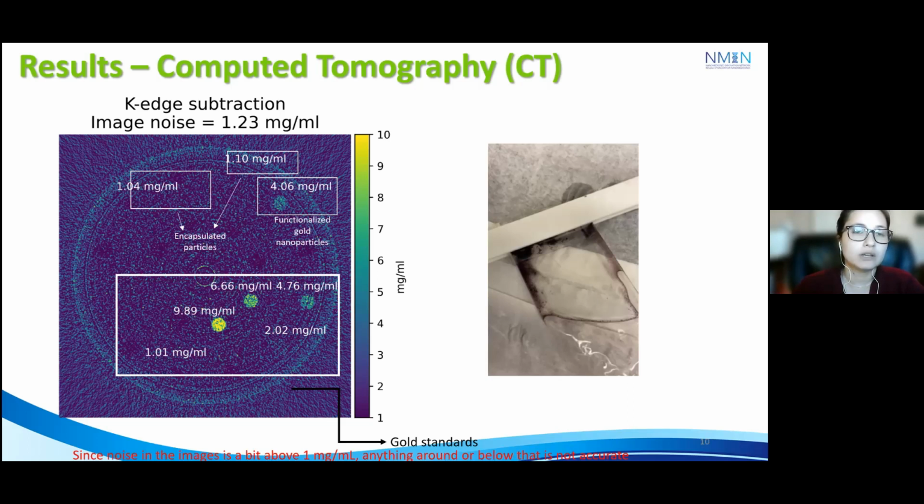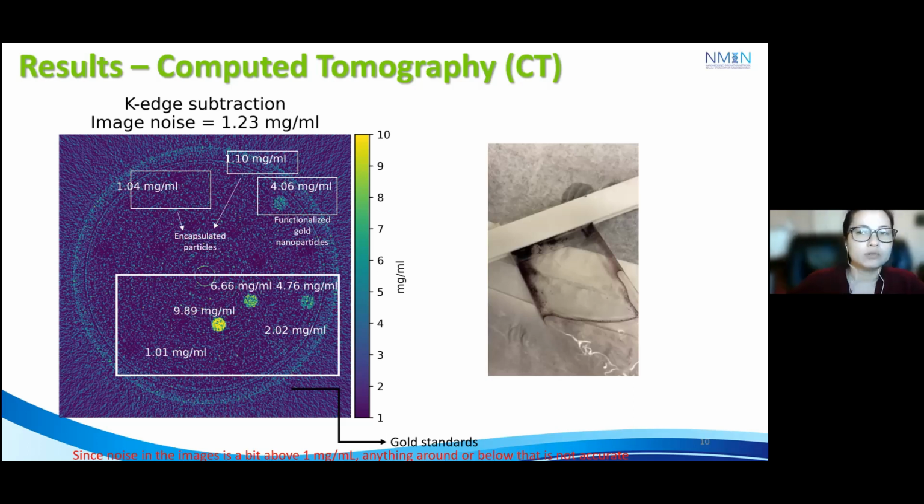This is where it gets tricky, and this is why I'm changing so many variables, so I can see contrast using the CT experiment. You see that there's also a difference in contrast according to the gold concentration. If the gold concentration is lower than the image noise, you don't see anything.